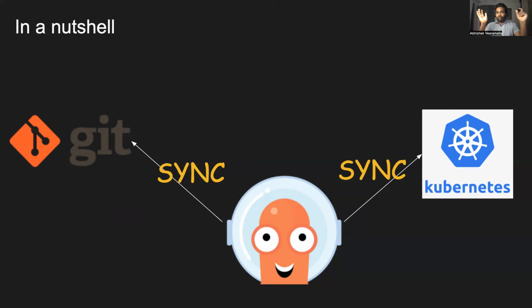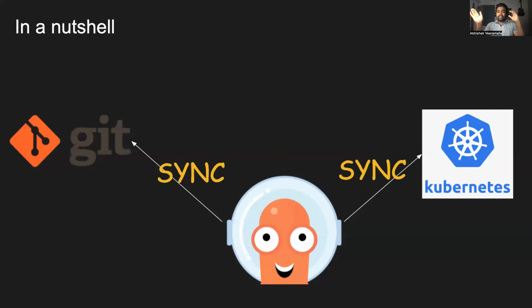In the previous class, I told you that for GitOps, even though the name is GitOps, it does not have to be Git all the time. It can be any version control system. So on a high level, this GitOps tool, whether it's Argo CD, Flux CD, or Jenkins X, what they try to do is maintain a state between Git and Kubernetes. That means they use Git as a single source of truth.